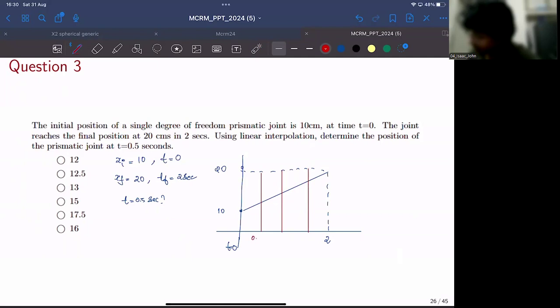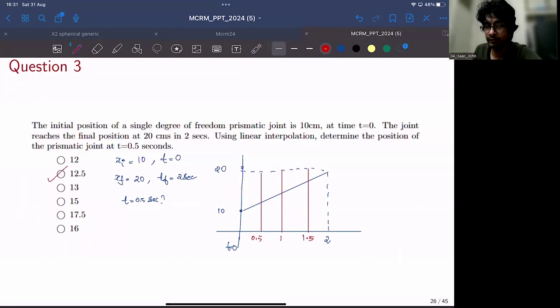Because if you consider this to be 0.5 seconds, this to be 1 second, this is 1.5. Since this is linear, here in the middle it will probably be 15. And here at 0.5 seconds, it will be 12.5. That is indeed correct. I believe that is indeed the correct answer.